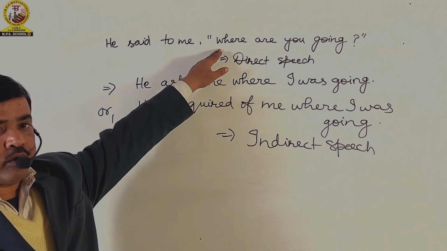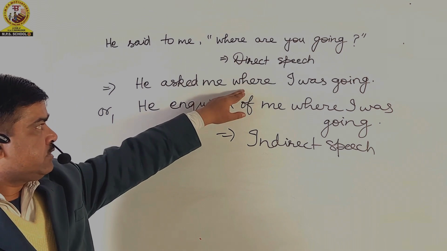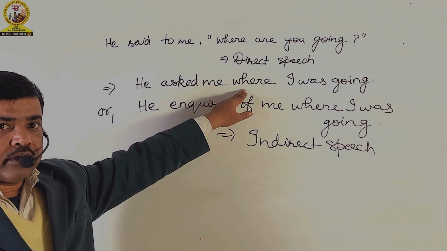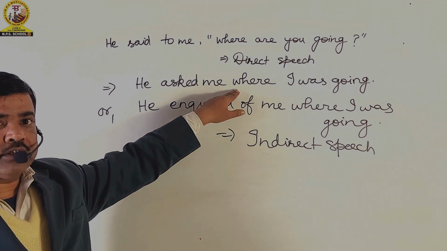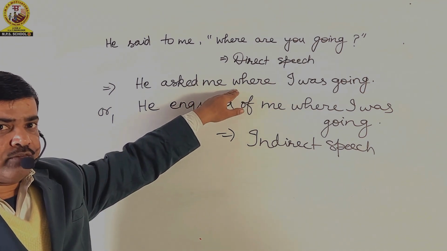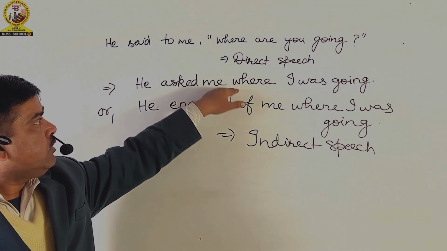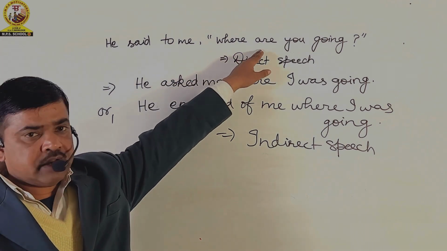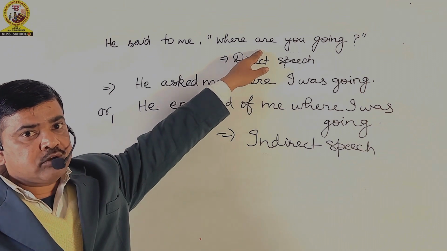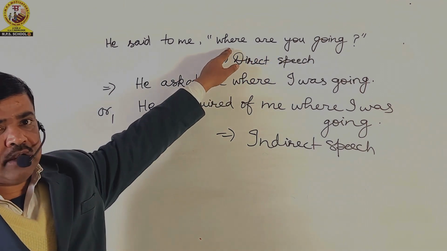Here the question word has been used replacing the inverted commas. Here we will not use whether or if, because the interrogative sentence does not start with an auxiliary verb, but before an auxiliary verb a question word has come.